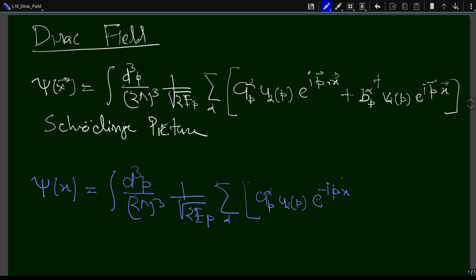Note that I'm not writing the vector sign over here because it's a 4-vector product, plus b_{p alpha} dagger v_alpha(p) exponential, I'm sorry about the minus sign over here, i p dot x.